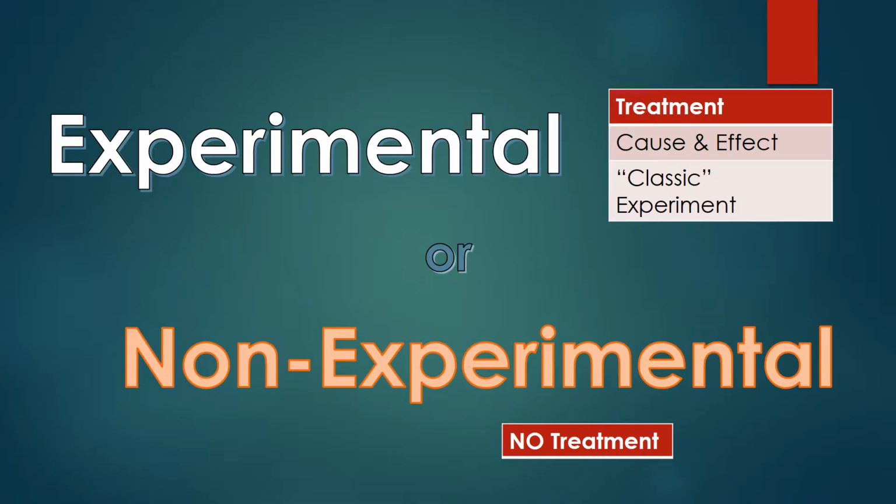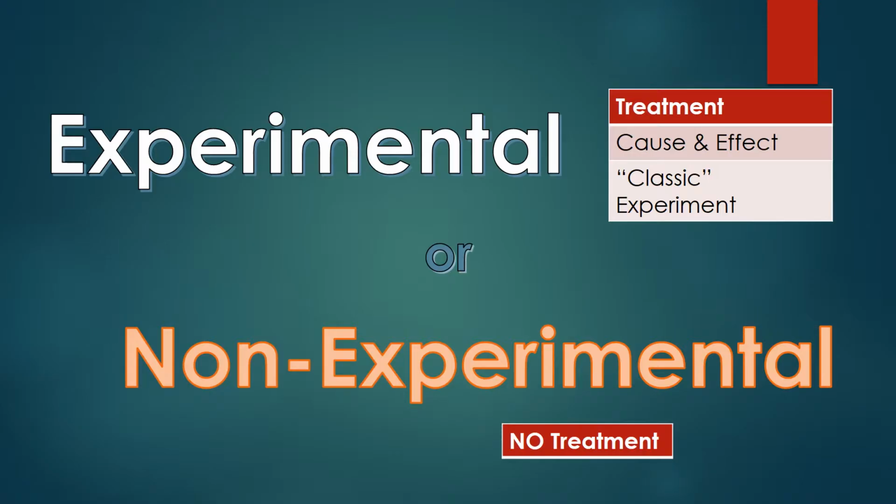Does one thing cause something else? Now, the classic experimental method uses a control group and an experimental group. The control group receives the particular treatment. The experimental group does not. Both groups are randomly selected.